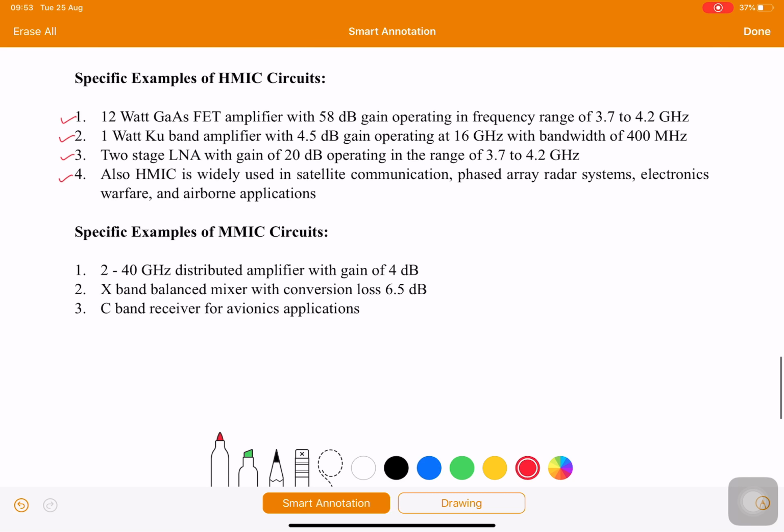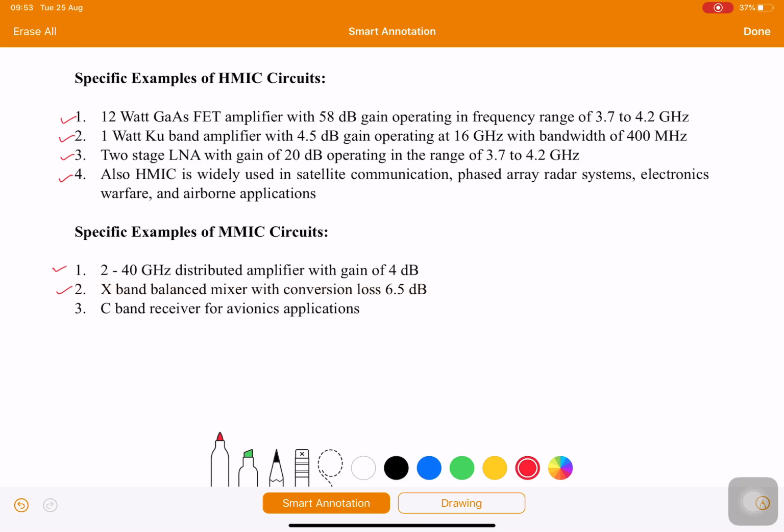Similarly, typical usages of monolithic microwave integrated circuits include the 40 gigahertz distributed amplifier, which can provide a gain of 4 dB. They are also used in the X band balanced mixer with a conversion loss of around 6.5 dB.